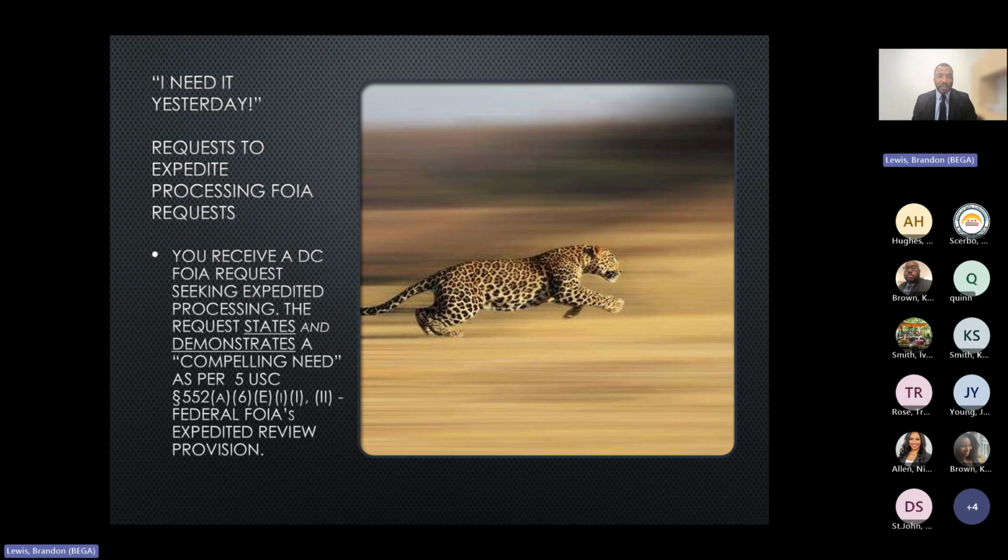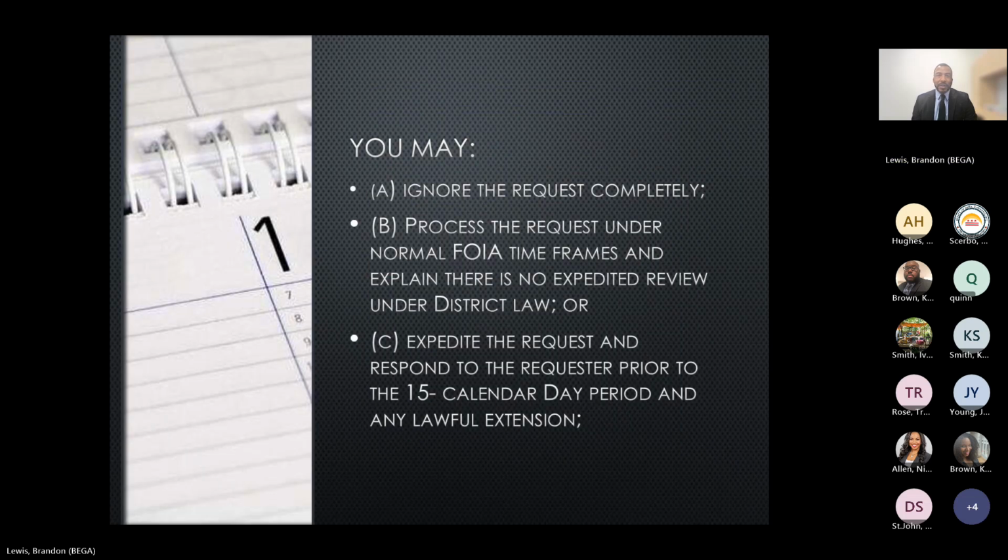This is from federal FOIA's expedited review provision. You may: A, ignore the request completely; B, process the request under normal FOIA timeframes and explain there is no expedited review under district law; or C, expedite the request and respond to the requester prior to the 15 calendar day period and any lawful extension.